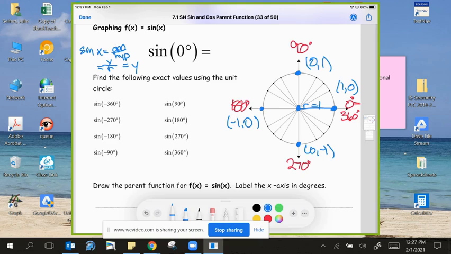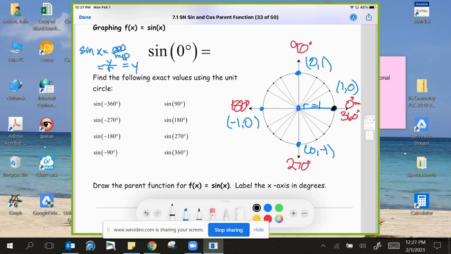Okay, so really, really important, sine of 0. Sine of 0 is the y value of the point at 0. What's the y coordinate of the point that represents 0 degrees?